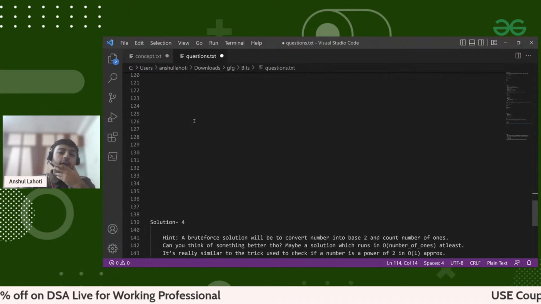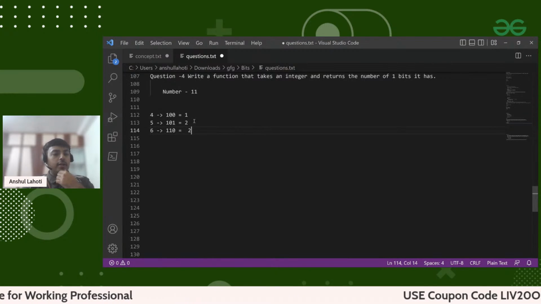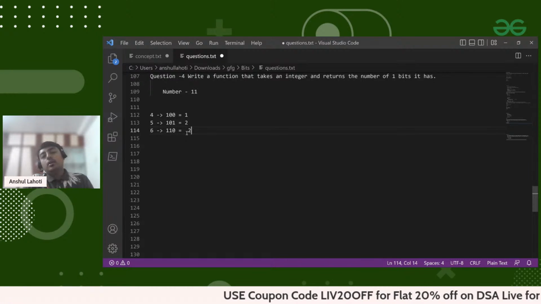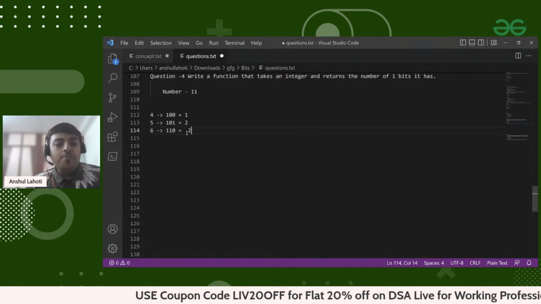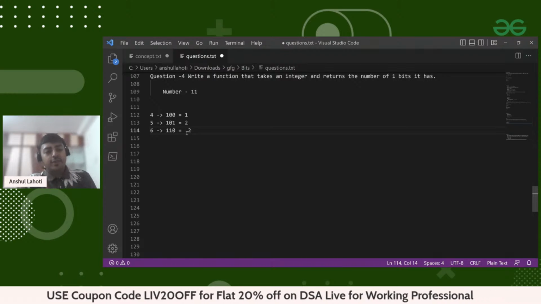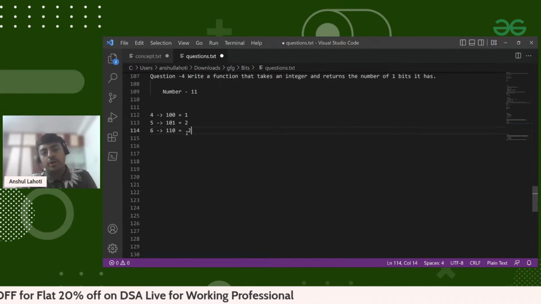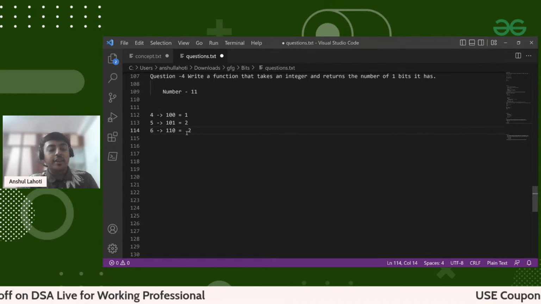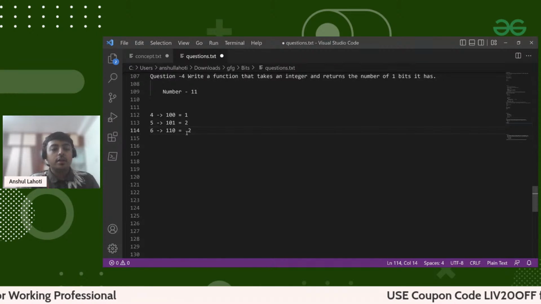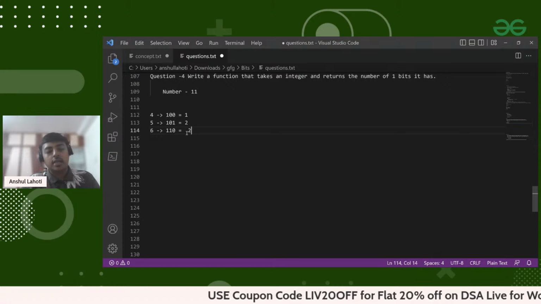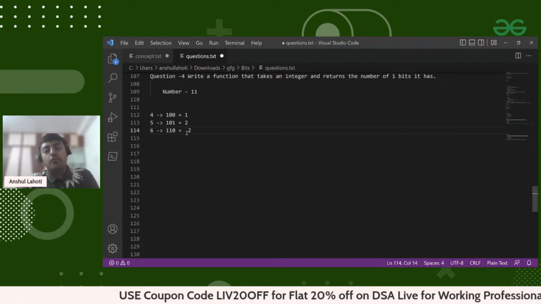There are many ways to do these questions. The best way I will tell you later. First, I will give you the first solution which comes to your mind. We can convert a number into its binary and store it in an array, and we will count the number of ones in that array.